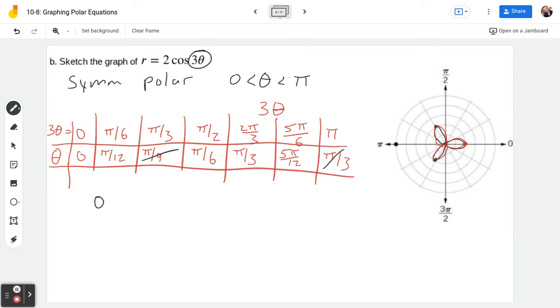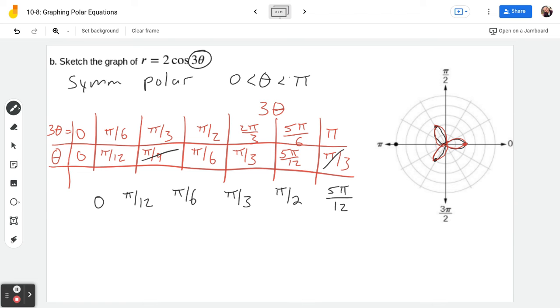It could be between 0, pi over 12, followed by something in between, like pi over 6. I don't have pi over 4 in here, so I'm not going to check that one. Pi over 3 would probably be another good one to check. Pi over 2 is probably a good one to check too, just because we're going to be between 0 and pi. And we could also probably check 5 pi over 12. So we can probably check all of those.